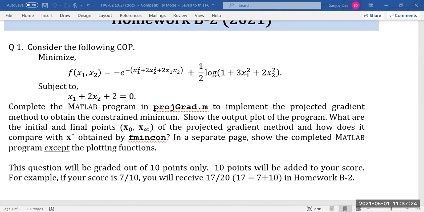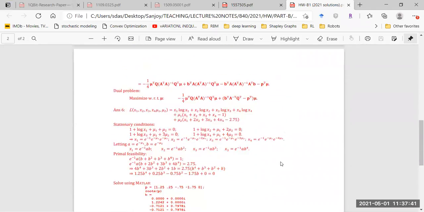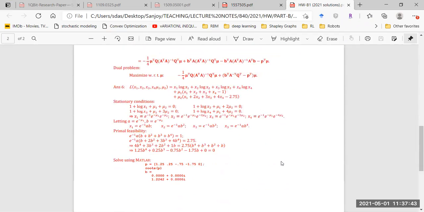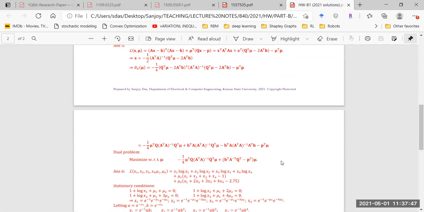About homework B1, question number 5. How do we implement that using MATLAB? How do we implement the A and B? It's the fmincon.